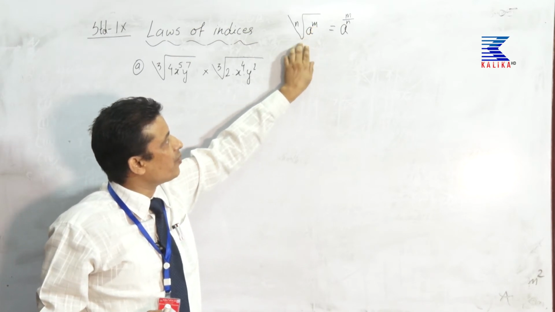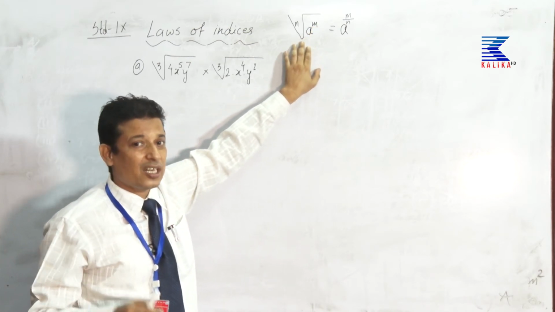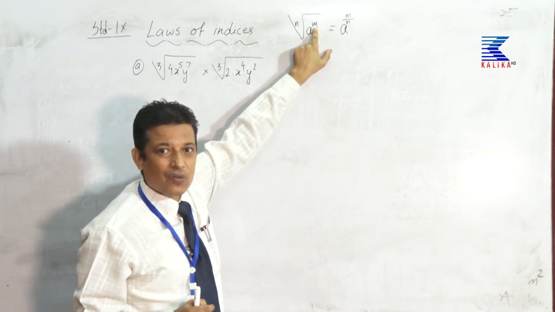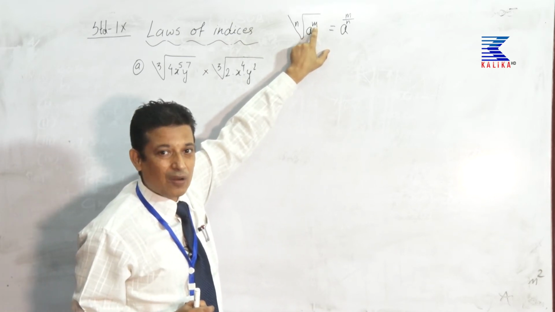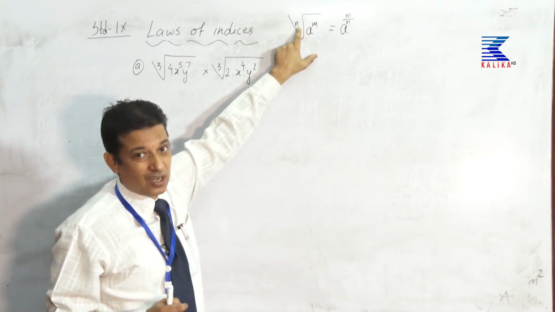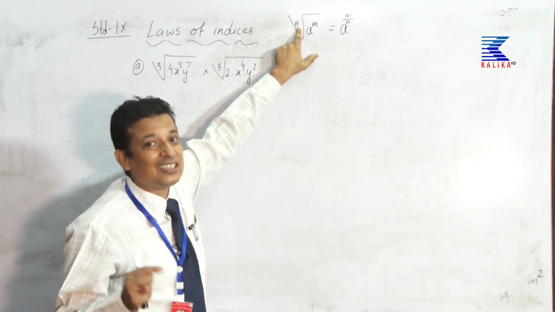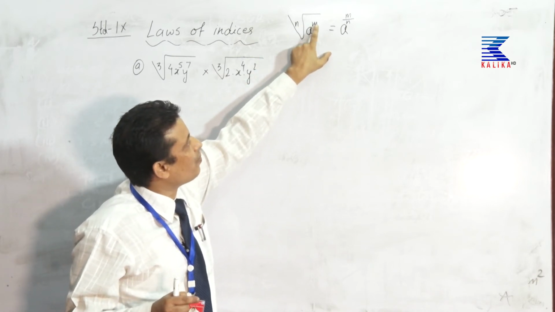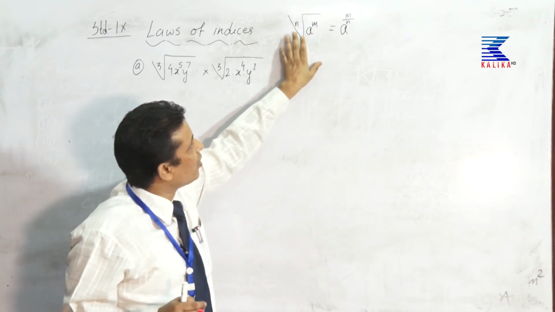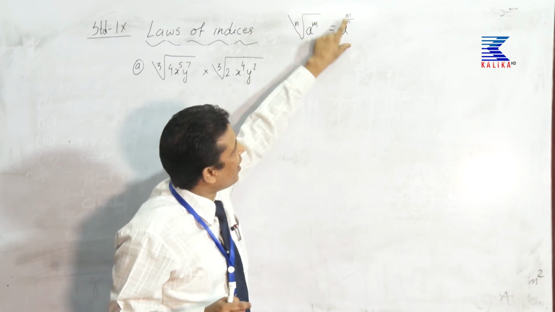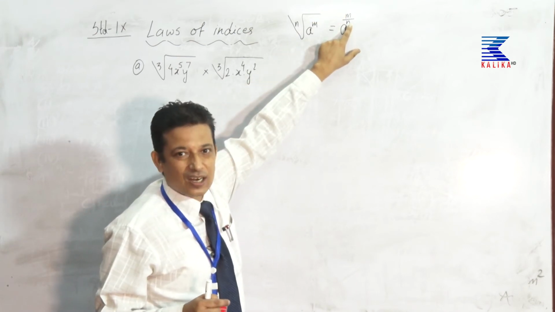When you want to remove the sword, dear student, you need to divide this power of a by the order of the sword. This is nth root, so we divide this internal power, m, by n. If you remove the sword, then this m should be divided by the order of the sword.